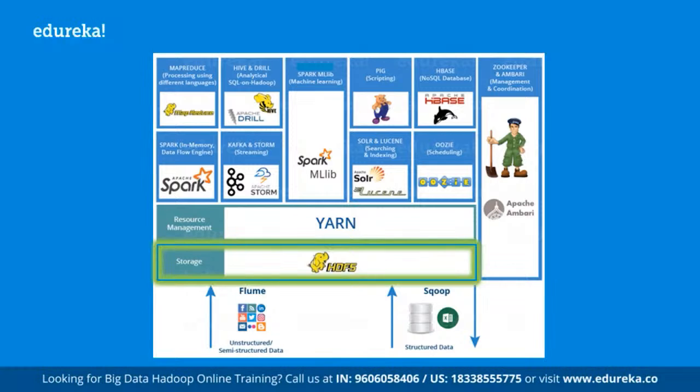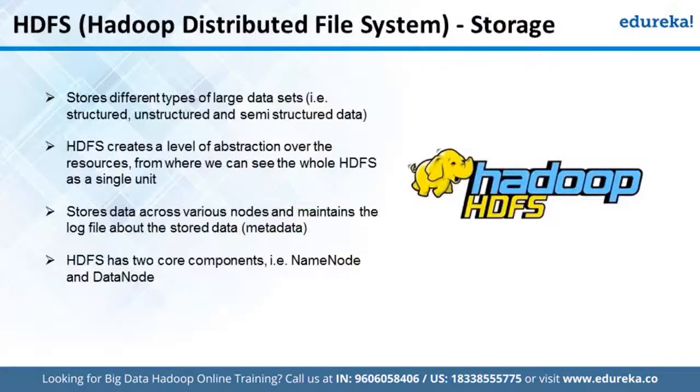So HDFS is the first. HDFS stores different types of large data sets: structured, unstructured, semi-structured. Any form of data you give it, it will consume. HDFS creates a level of abstraction over the resources, from where we can see the whole HDFS as a single unit.